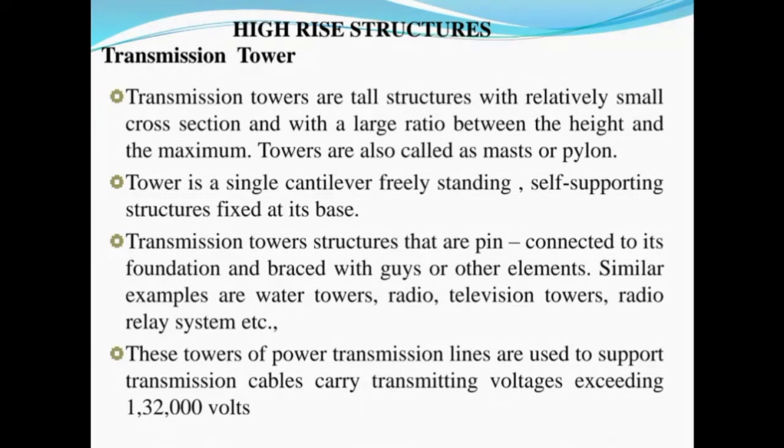This tower is a single cantilever, freely standing and self-supporting structure, fixed at the base of the structure, pin connected to its foundation and braced with elements.